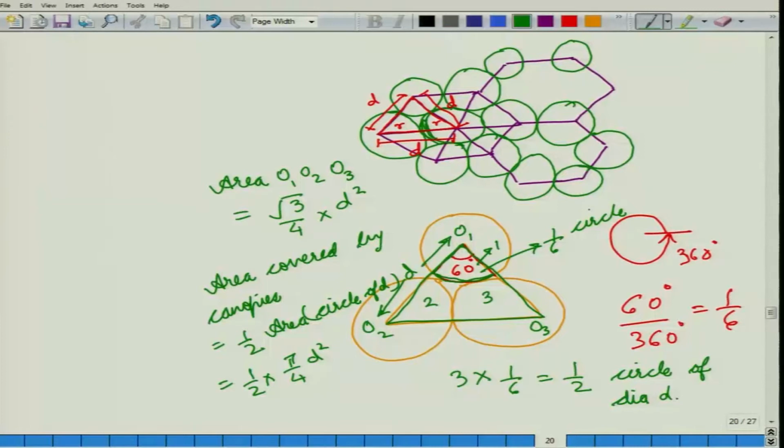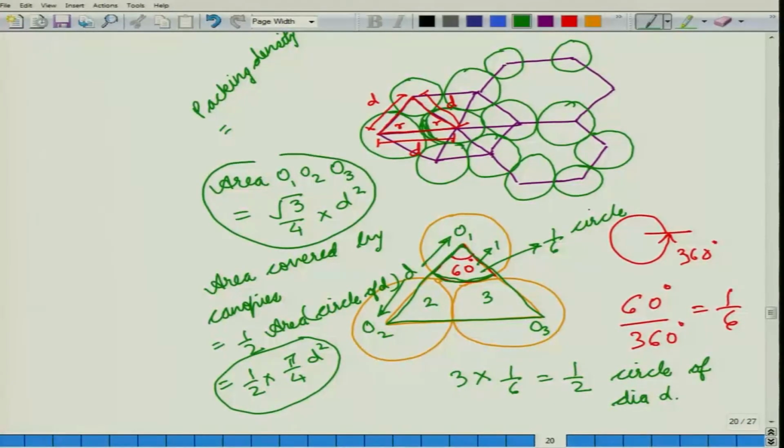Now, if you want to calculate the packing density, what will that be? So, packing density, this area divided by the area of the triangle. So, it becomes half into pi by 4 d square whole divided by root 3 by 4 d square.